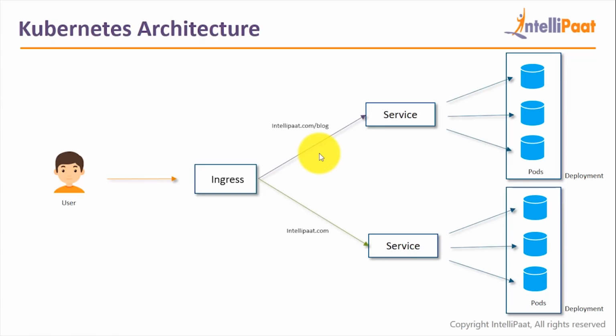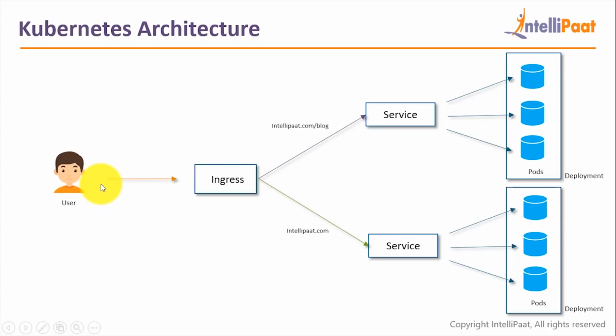What an ingress does is, based on the request it is getting from the user, for example, if the user is requesting Intellipaat.com/blog, the ingress will send the request to this service. If it sees that the user is requesting Intellipaat.com, it will send the user to this service, right? This one has the blog application in it, and this one has the homepage application in it.